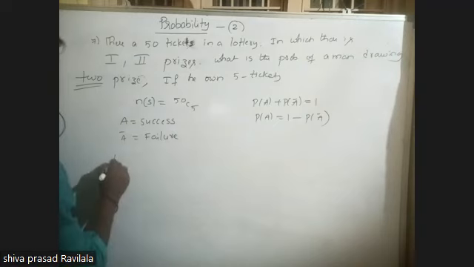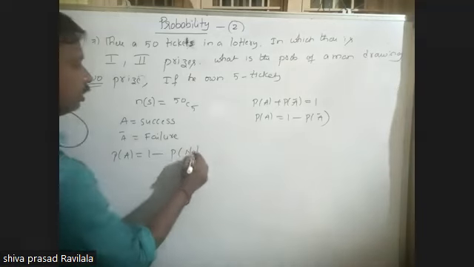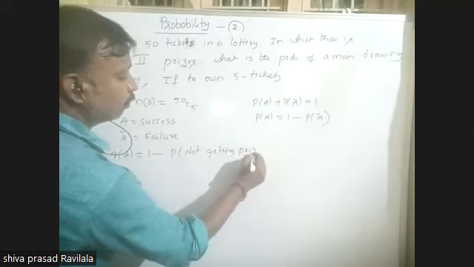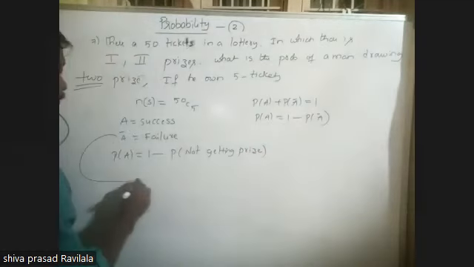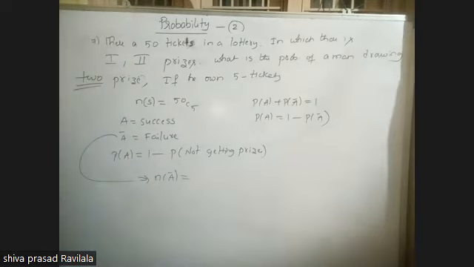Therefore, P of A is equal to 1 minus probability of not getting a prize, which is 1 minus N of A complement by N of S, with denominator 50C5. Can anybody say N of A complement? How do you select it?